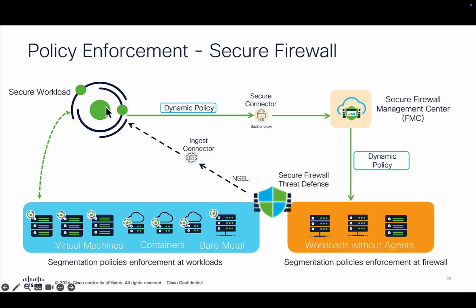It uses that NetFlow information to discover policies, analyze policies, just like it would do with an agent, and eventually enforce that policy to a Secure Firewall Management Center, which pushes it down to the firewalls over APIs. So there is a comprehensive integration which allows us to push the segmentation policy to firewalls, that is Cisco Secure Firewall as well.